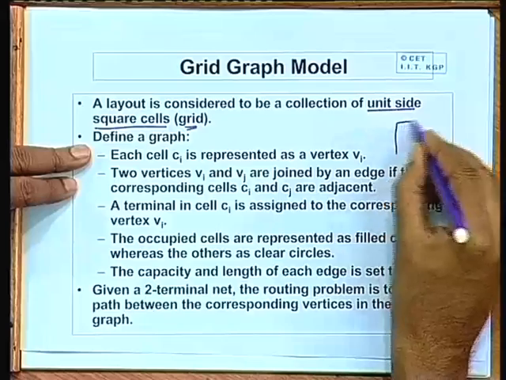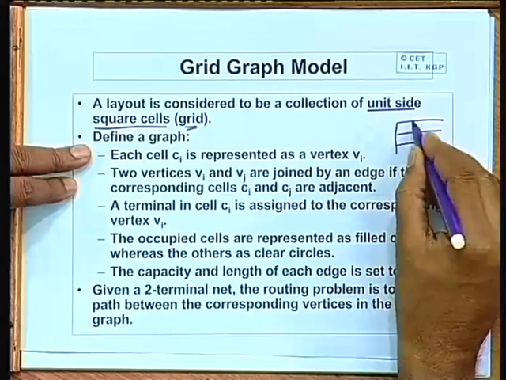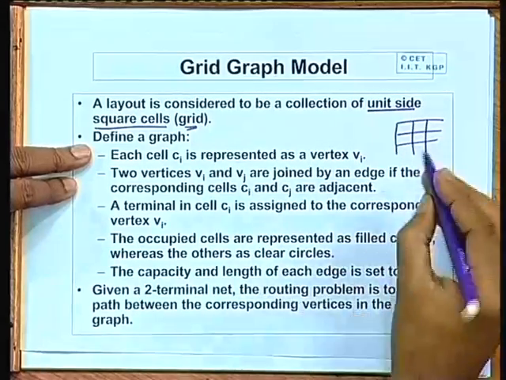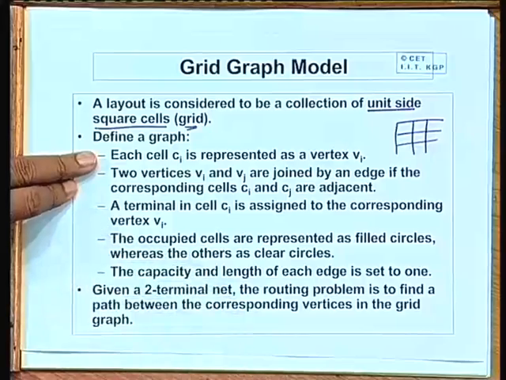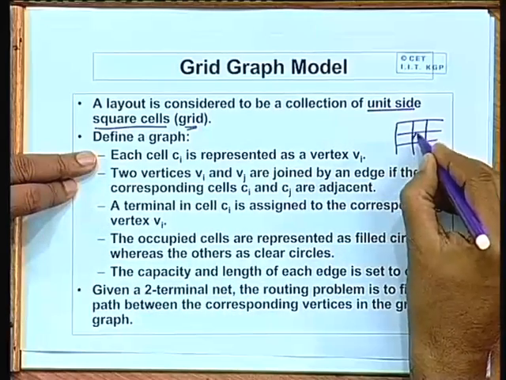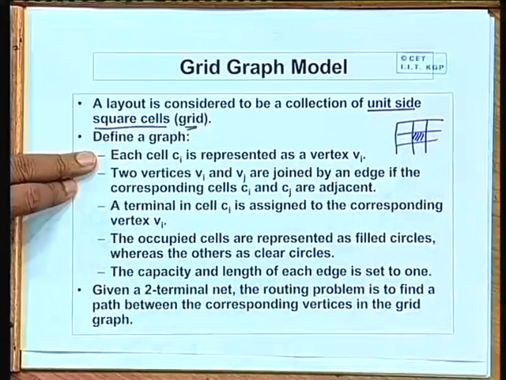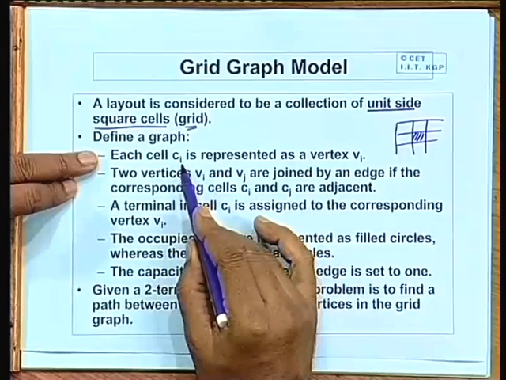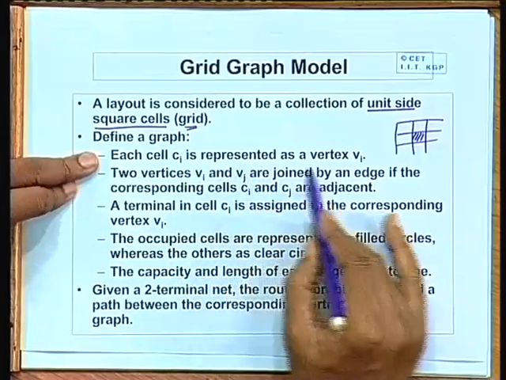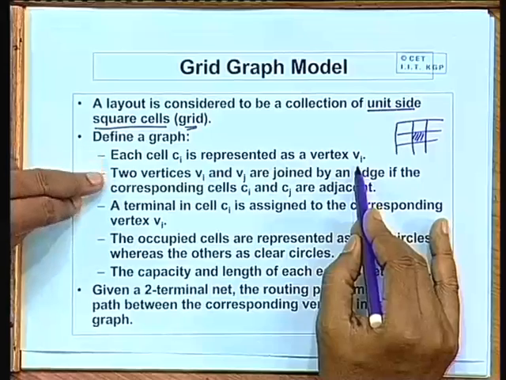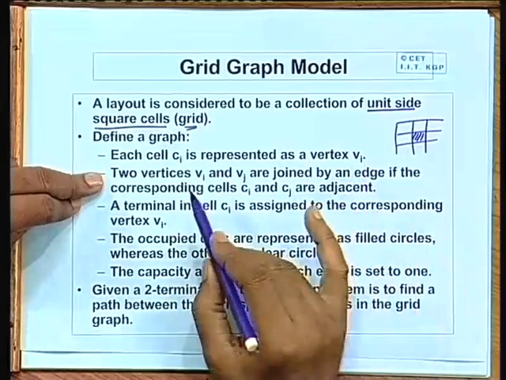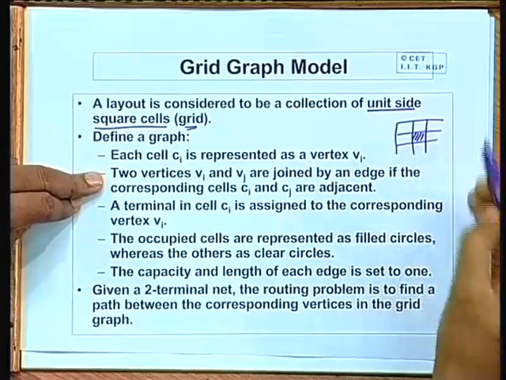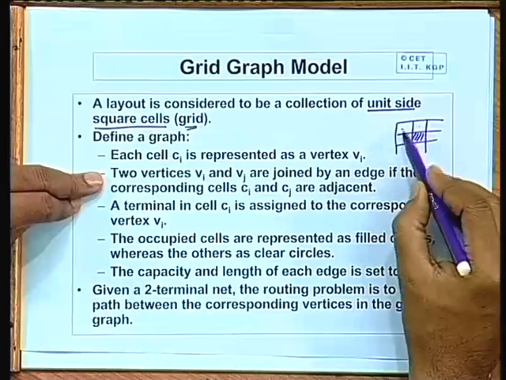Suppose you have a grid structure like this. Now, we define a graph where each of these grid cells represents a vertex. So, each of these cells, let us call it Ci, represents a vertex Vi in the corresponding graph, and two vertices are joined by an edge if the two grid cells are adjacent neighbors.